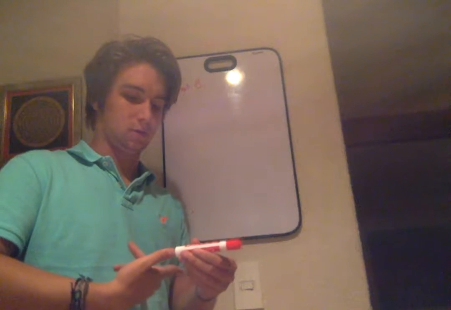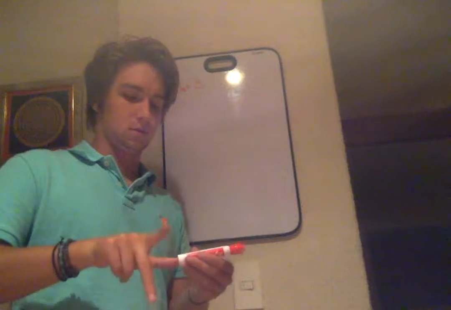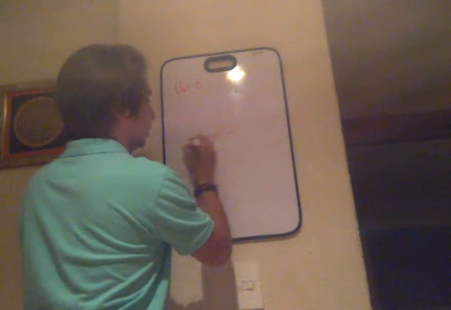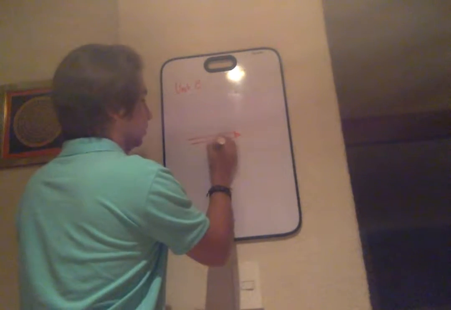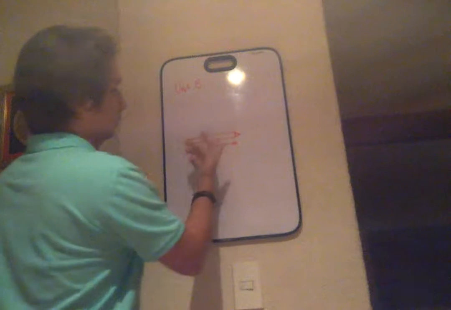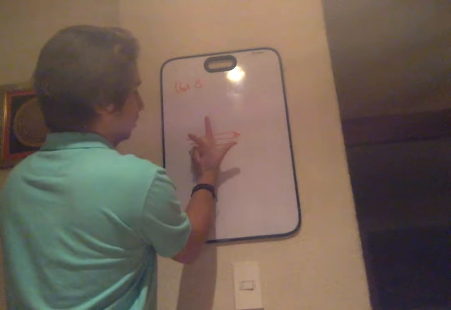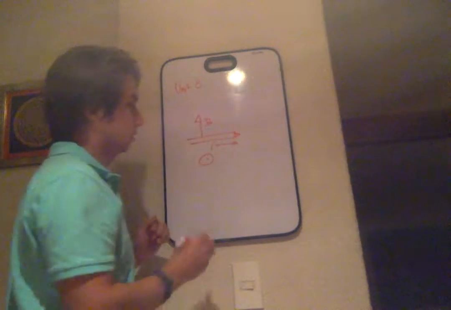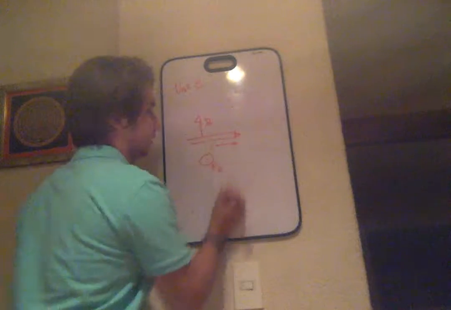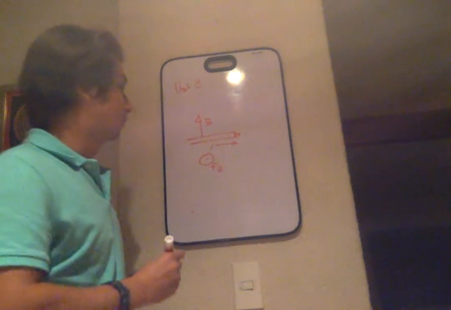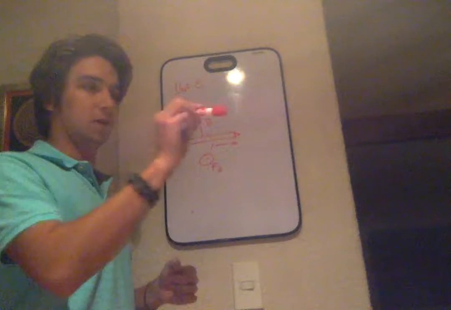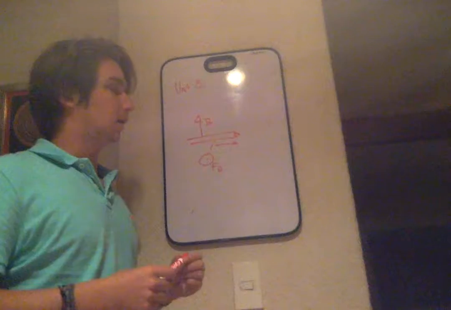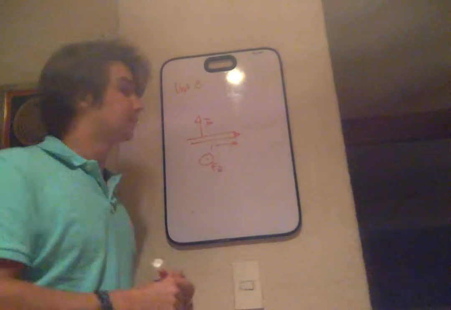So we have that the current is going over there, then we do that, and the field is going here, and that's the magnetic force. Alright? As I said before, a dot is like outside the plane, and a cross would be inside the plane.